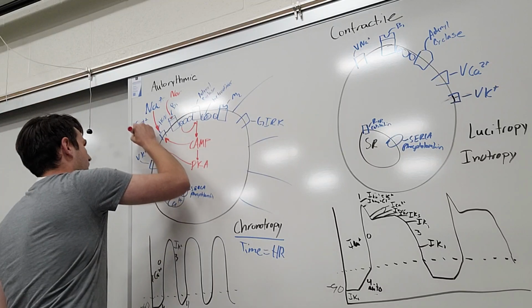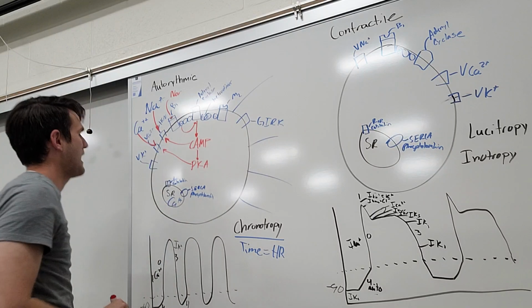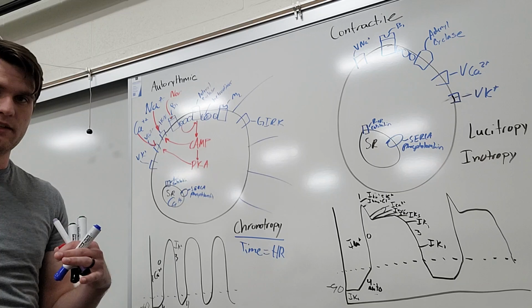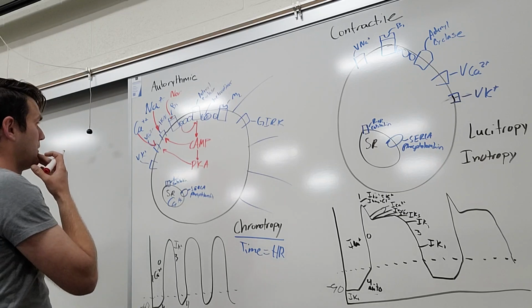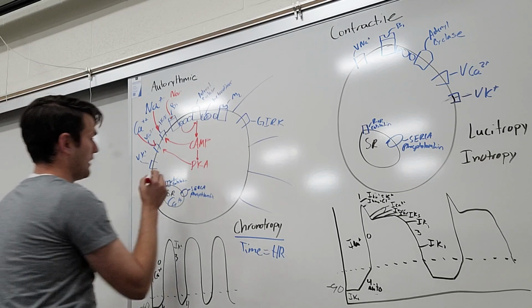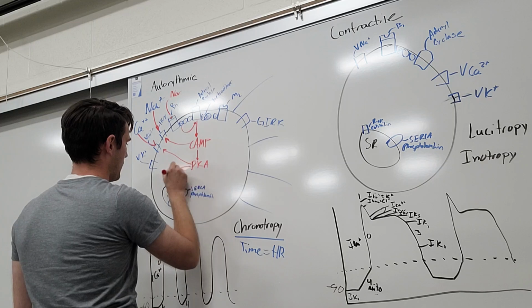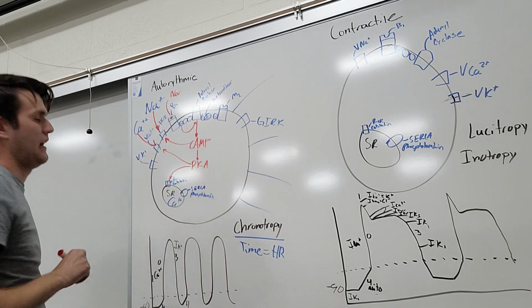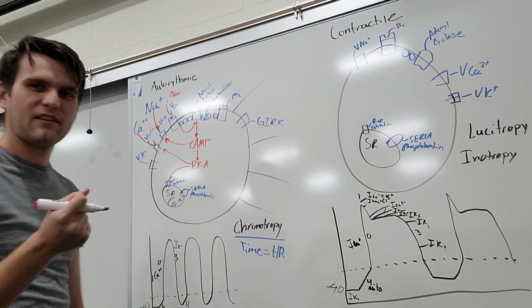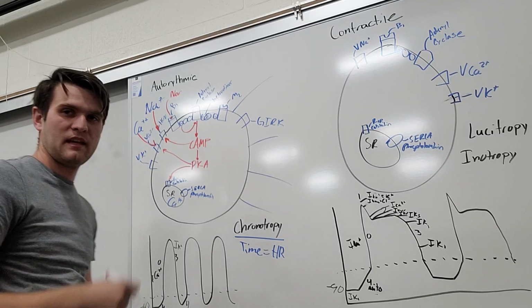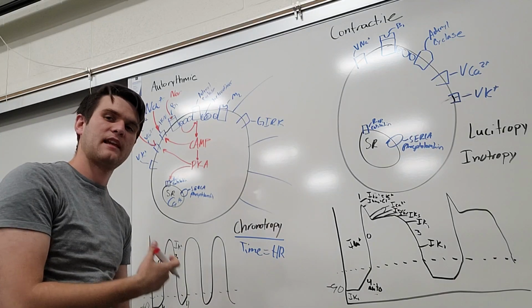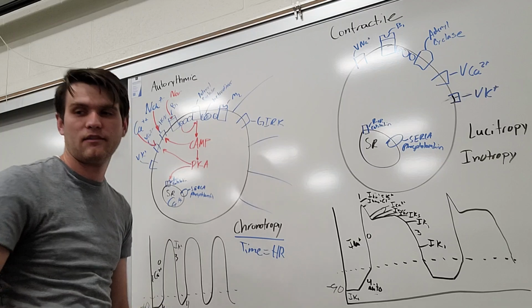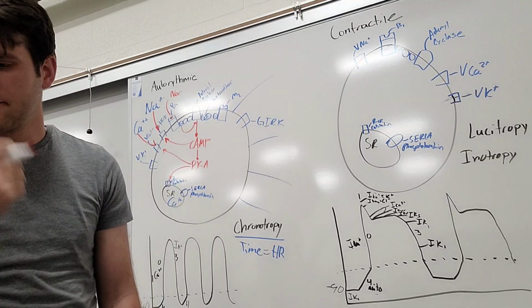So now more channels are being opened and activated, and more calcium is going to rush in, okay? And then what PKA also does is it's going to go to our RYRs, and there's a little protein on it called calstabin, and it's going to essentially inhibit calstabin so that the RYR gets activated even more, okay?